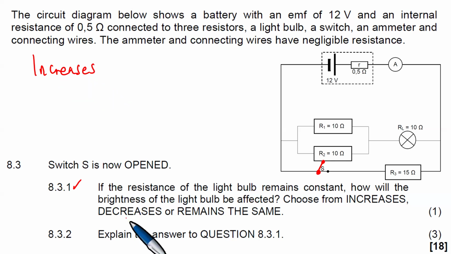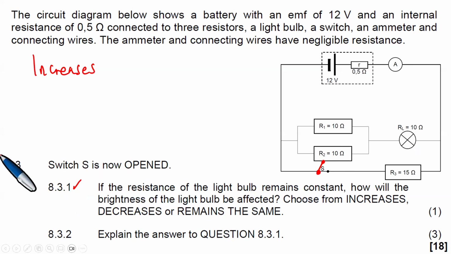The fact that now the switch S is opened means that R3 is removed. Some of the current was passing through R3, so the current is not going to branch anymore. A lot of the current will be going through the light bulb. So we expect that more current will be passing through, and therefore we expect the brightness to increase.